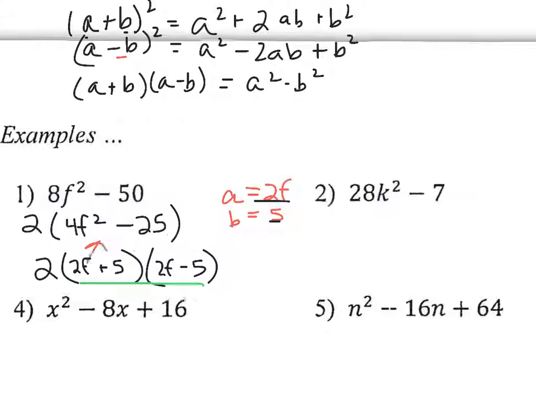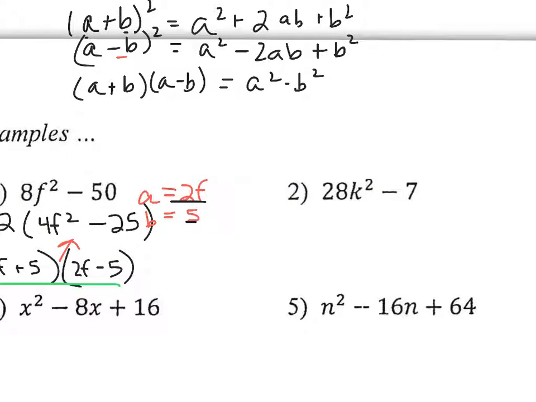Okay, number 2 over here. First thing I want to do is factor out the greatest common factor. I'm noticing that I could divide both of these by 7. Then I have 4k squared minus 1.